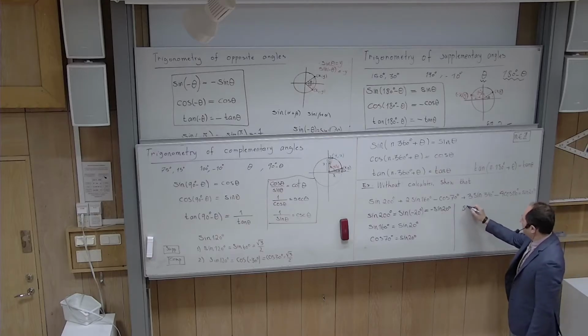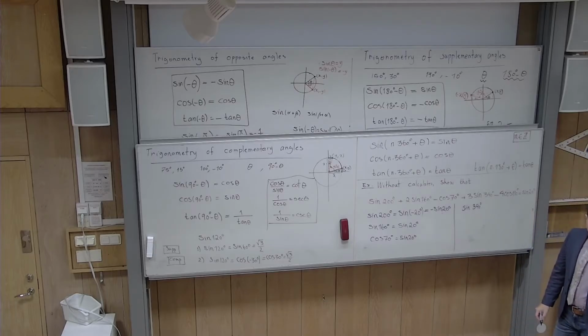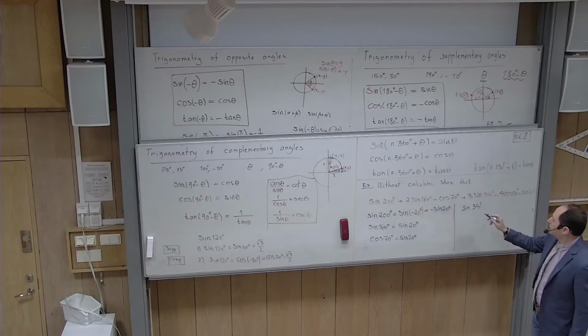Sine of 340. How is it related to 20? Yeah, you visualize that. That's completely okay, by the way. If you think that your memory is not good enough, you can always visualize that. But you are right. I will write it like this.